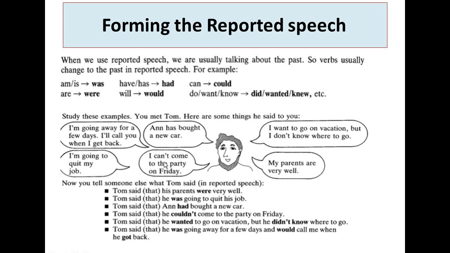It's couldn't. He couldn't come. Why don't we change "come"? Because after modal verbs the verb stays in the infinitive. Tom said that he couldn't come to the party on Friday.